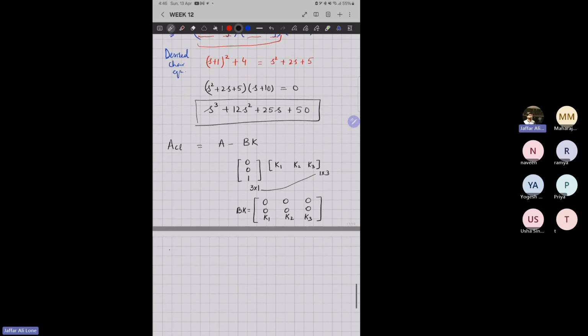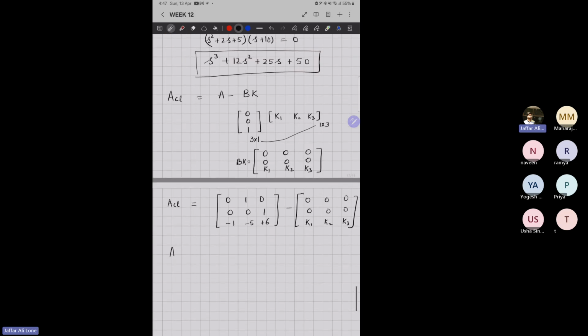Okay. So now my A closed loop is 0, 1, 0, 0, 0, 1, minus 1, minus 5, plus 6, minus 0, 0, 0, 0, 0, 0, K1, K2, and K3. Just solve it. When we solve it, my ACL, very simple. Why have I taken this example? Because this is already in controllable canonical form and it's very easy to solve because my matrix A is already a sparse matrix.